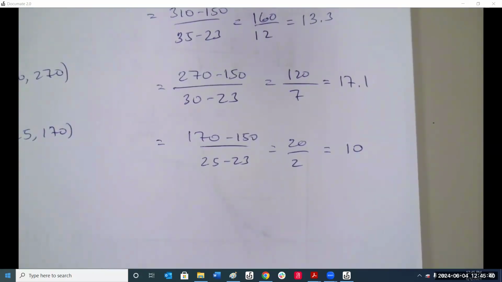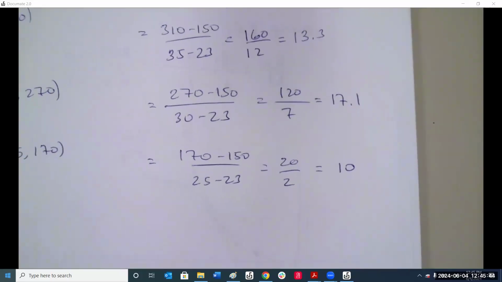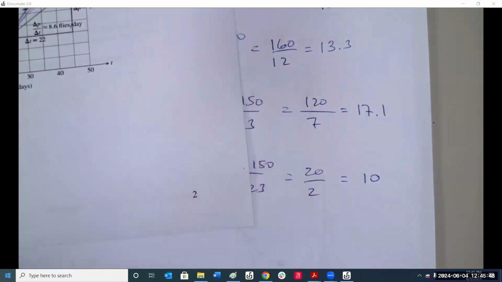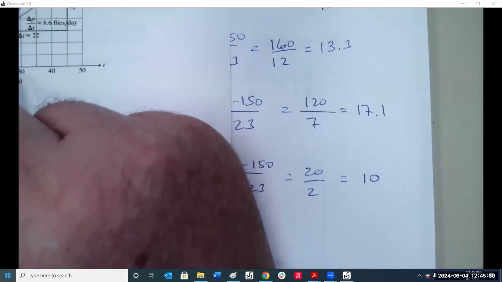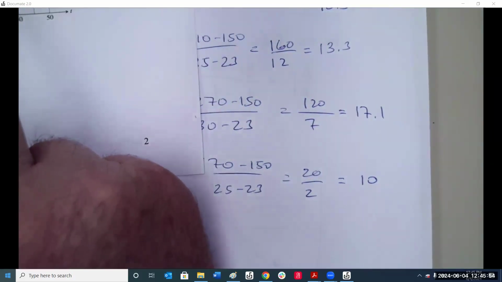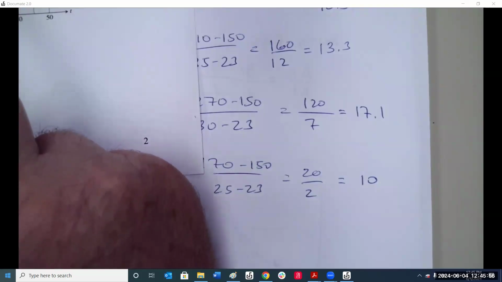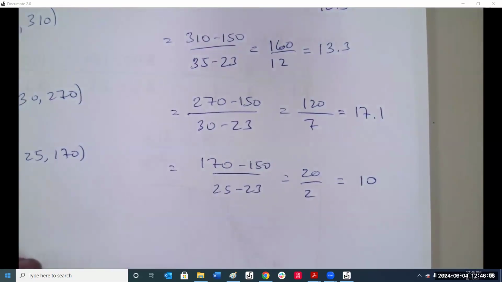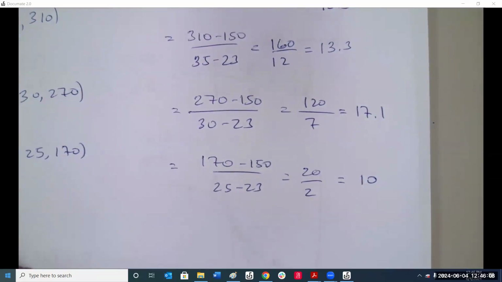Oh, that's not right. It should be getting larger. Is anybody cross-referencing these to see if they're correct?